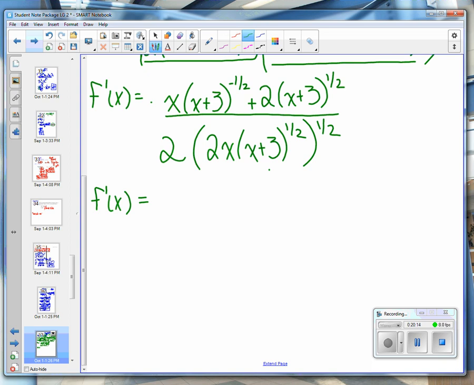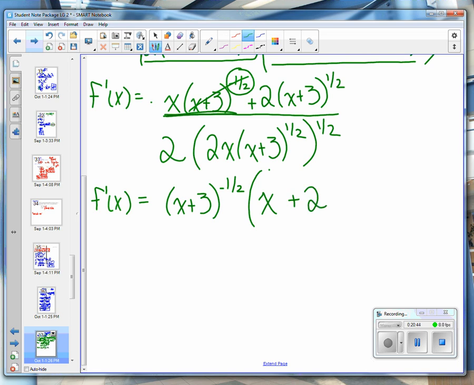Now, this actually comes back from Learning Guide 1, where we said if you have a fraction exponent, look for the smallest exponent and factor that out. So in this case, I can factor out an x plus 3 to the power of negative a half. And remember, we're only talking about the numerator right now. I'm going to be left with x, because this guy is going to cancel, plus 2.